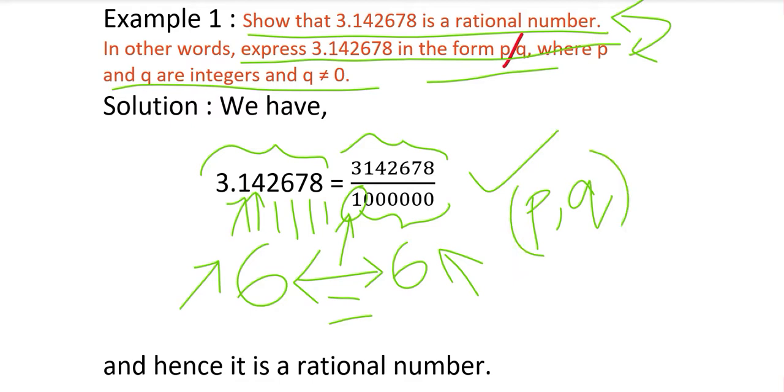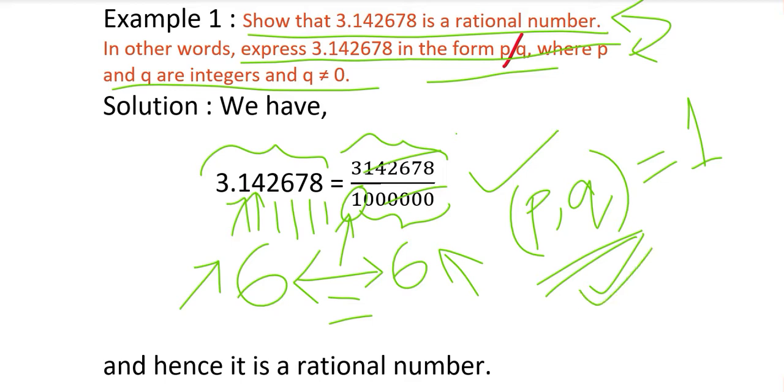Co-prime means the HCF of p and q, which is how we write HCF in shortcut, should be 1. And how do we get it? By cancellation, the factorization that we do: divide by 2 first, and keep going, and then we reach the simplest form. That simplest form is the traditional way of writing rational numbers.